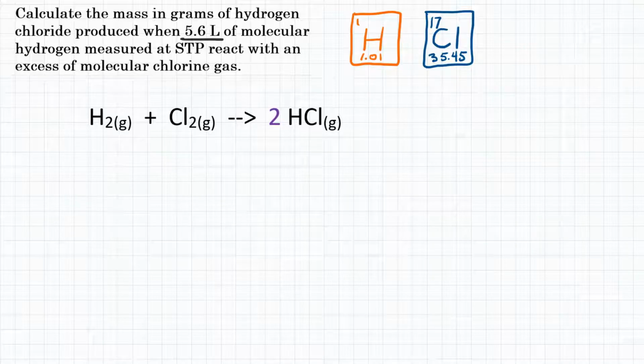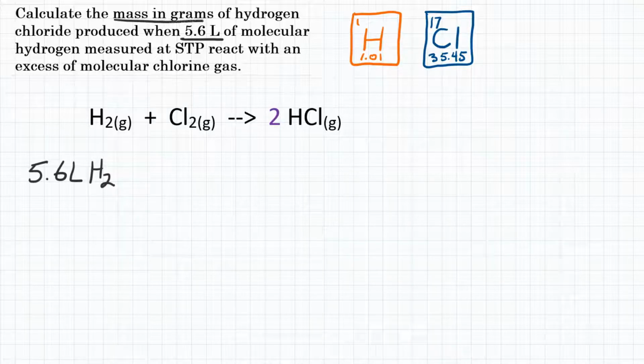So let's write that down. 5.6 liters, and molecular hydrogen would be H2. And the problem wants us to calculate the mass in grams of hydrogen chloride. So we want to turn that into the mass in grams of hydrogen chloride, which is HCl.